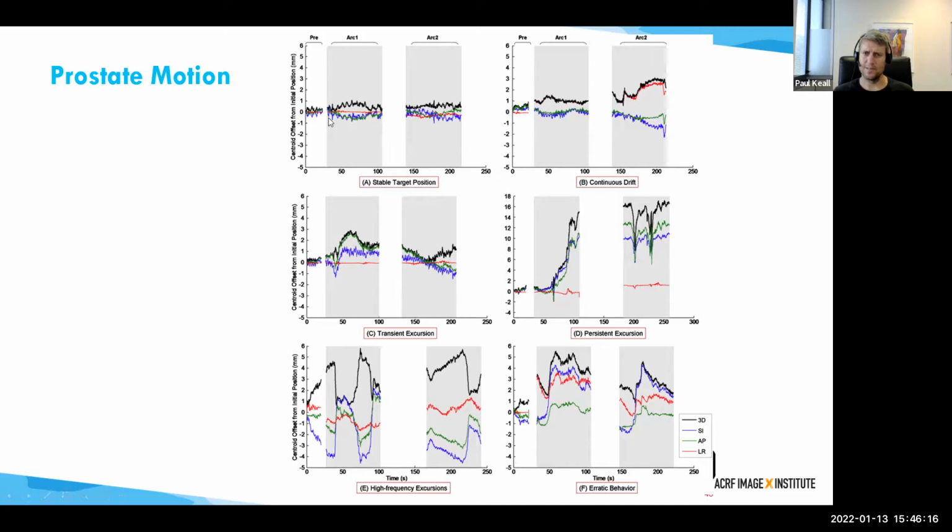A lot of the time there's very little motion, though there can be slow and continuous drifts, and there can be occasional large shifts. This is mostly due to the patient twitching or moving, or to bladder filling or rectal gas. These changes can happen while the patient is being treated, which is the critical thing from a radiation therapy perspective.